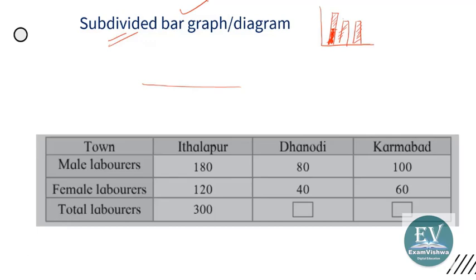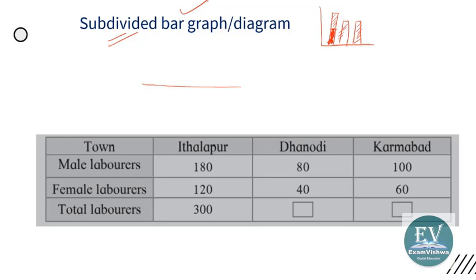There is a report about the male laborers, female laborers, total laborers in cities like Ithalapur, I don't know where it is, and Dhanodi and Kharmabad. These are different locations in village where male laborers and female laborers work hard for bringing out produce.